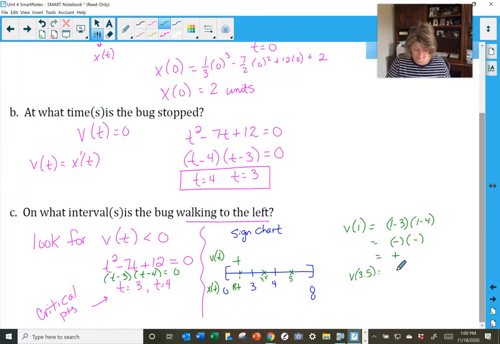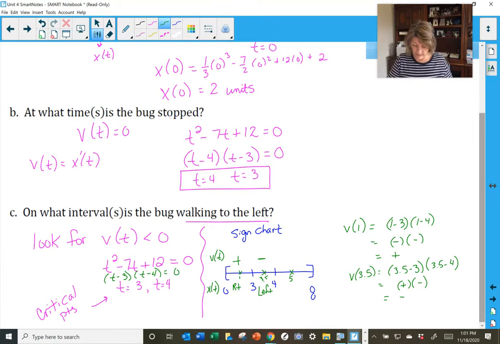That would give me 3.5 minus 3, 3.5 minus 4. Easy to tell that this would be a positive result. I don't really need to know the numeric value. I just need to know the sign, and that's why these are called sign charts. A positive times a negative gives me a negative. So this turns out negative, which means my particle is moving left.